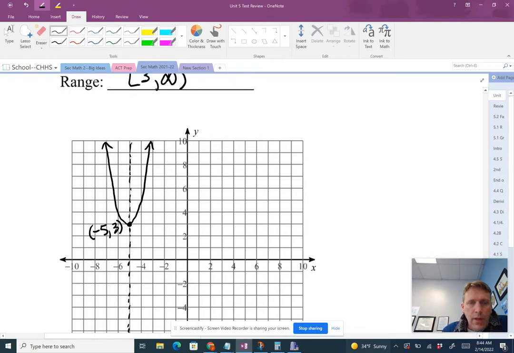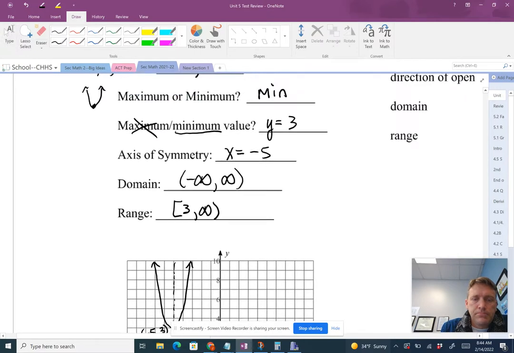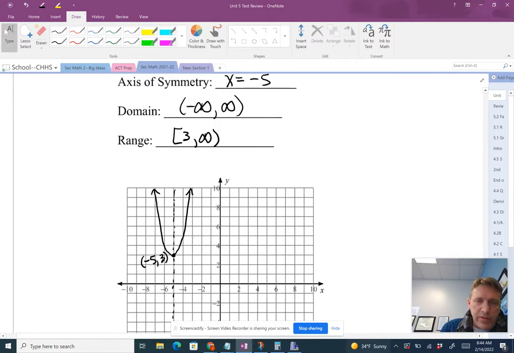Now, that's basically what this looks like. Let's label this just to be thorough here. This is my axis of symmetry, x equals negative 5.